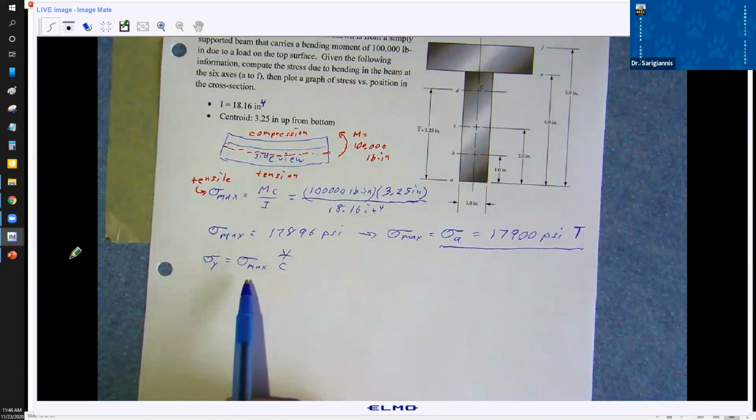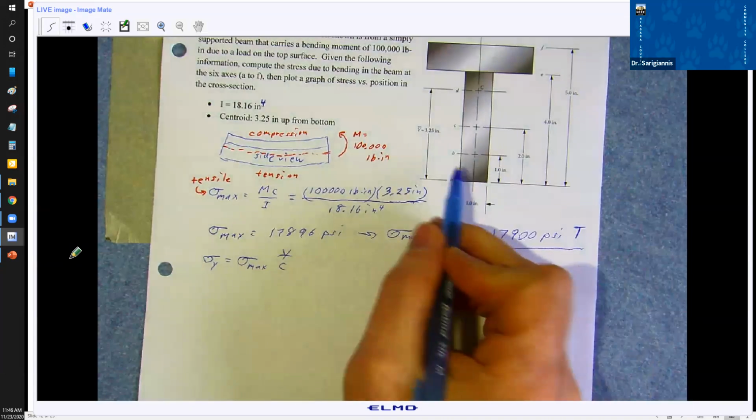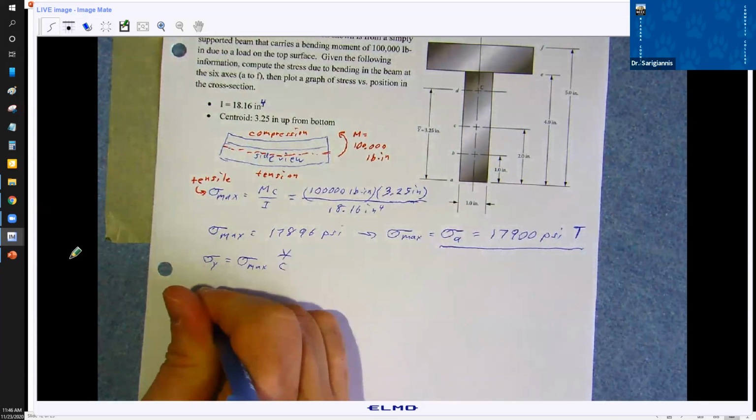So let's look at what this formula gives us. Let's just look at point B first.